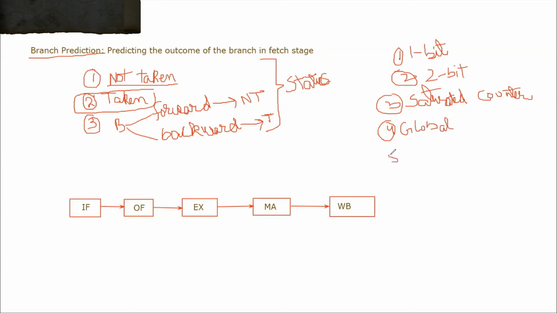The fifth, there are different versions of global, for example, TAGE is another predictor. There is another predictor called the tournament predictor. And the seventh is hierarchical. There are many other predictors in the architecture community.